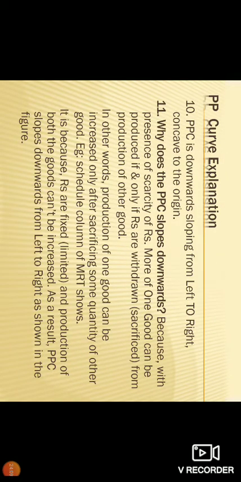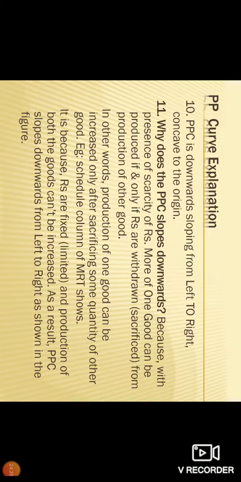It is because resources are already fixed and production of both the goods cannot be increased at a time. So resources are scarce. You can't increase the production of one good without sacrificing the production of another good.